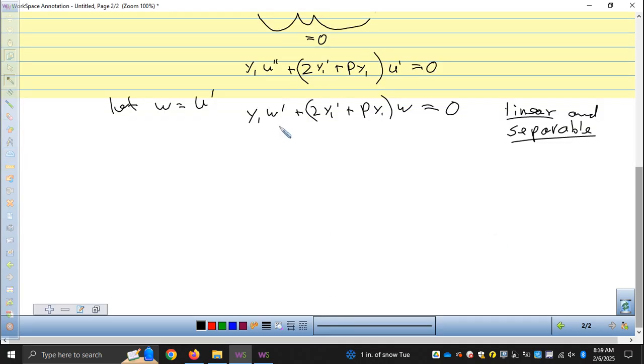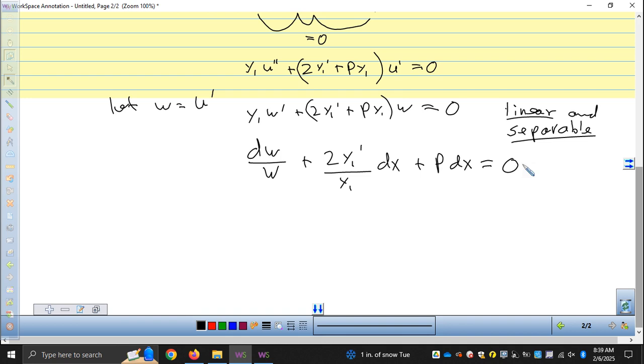So w prime is dw dx. So I can write this as dw over w plus 2 y1 prime over y1 times dx plus p of x dx, and that equals 0. And we're saying w prime is dw dx. Well, I'm going to put this p dx on the right-hand side.